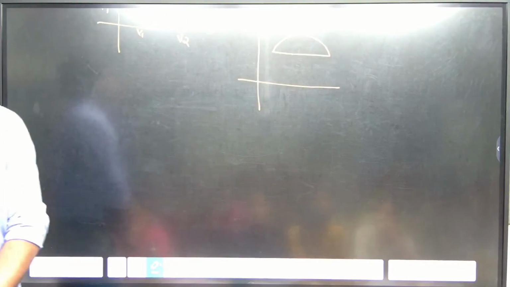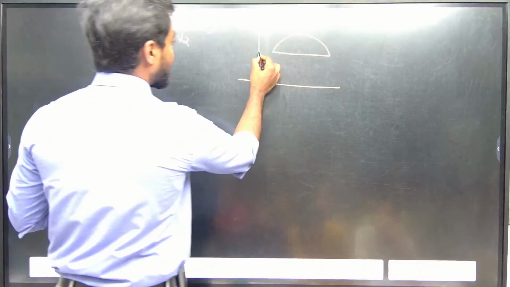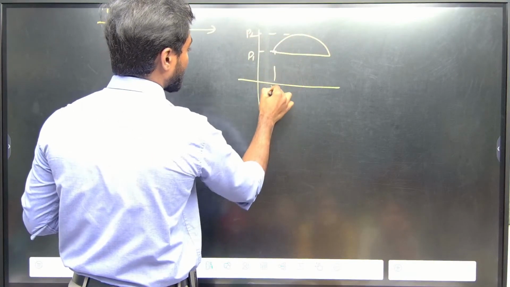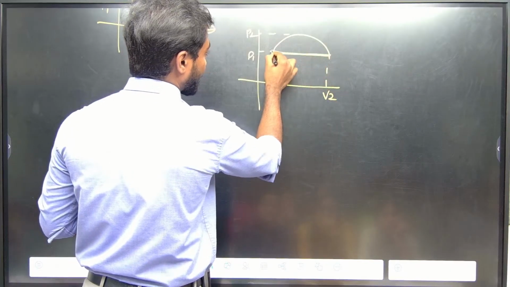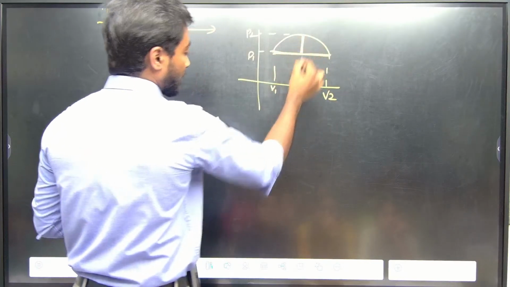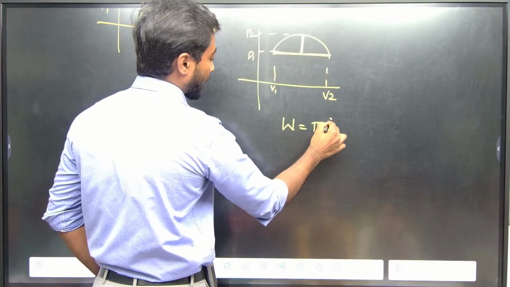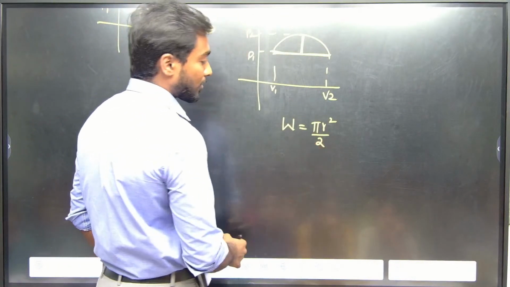I'll clear it. Listen. Wait, I'll complete this one. This is P1 and this is P2. This is V1, this is V2. Is this diameter or radius? This is radius. So work done will be equal to pi r square, the formula for a circle, divided by 2 is a semicircle.